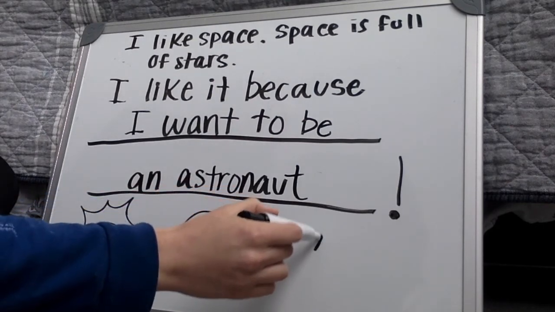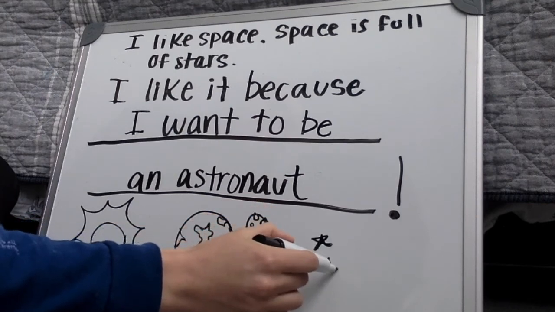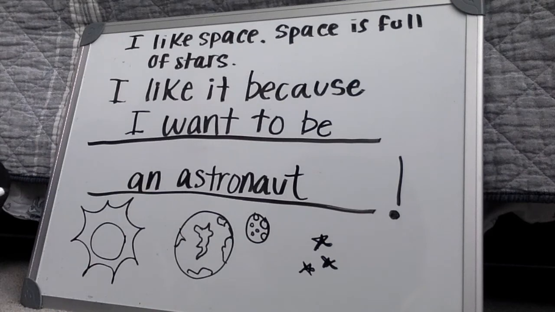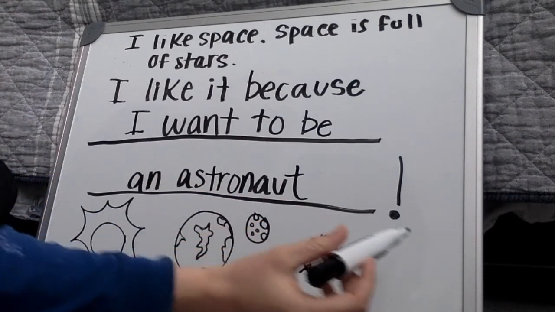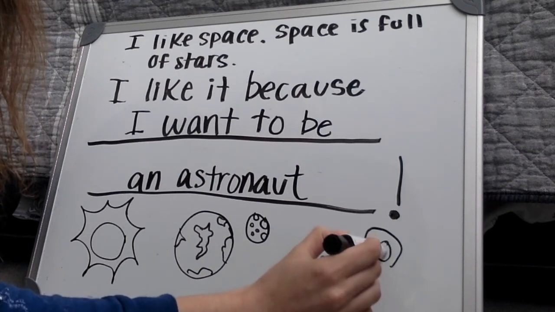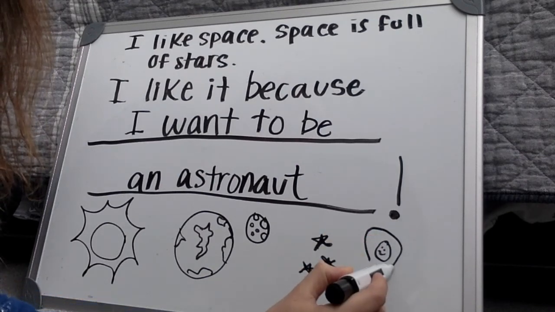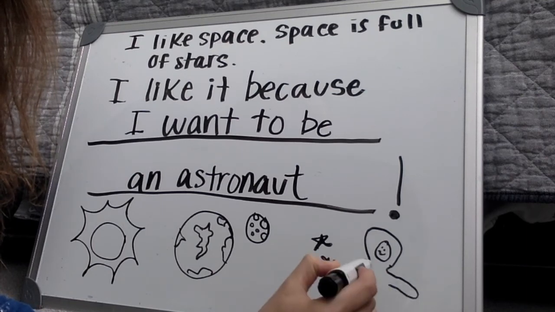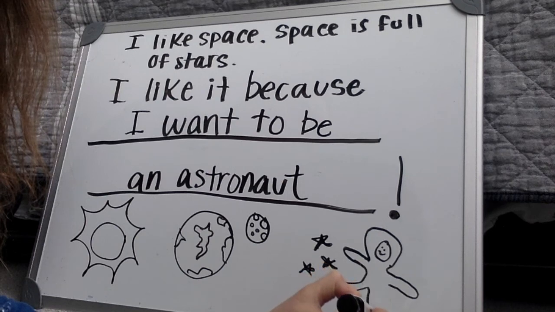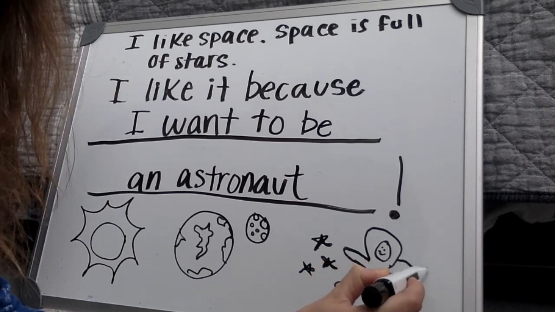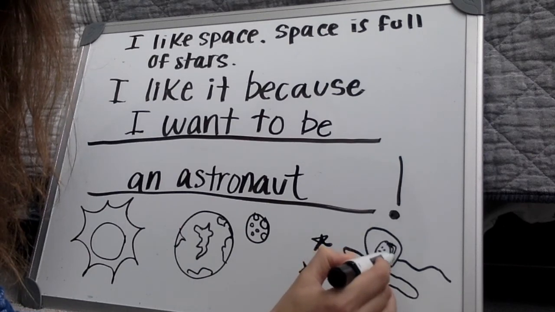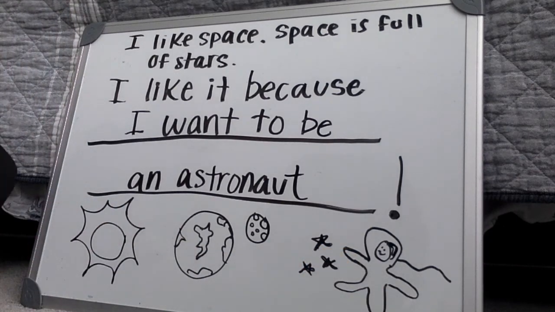And maybe some stars. There we go. There's my picture of outer space. Oh, I can't forget. I have to draw myself as an astronaut because I said that's what I wanted to be. There I am in my little astronaut outfit.